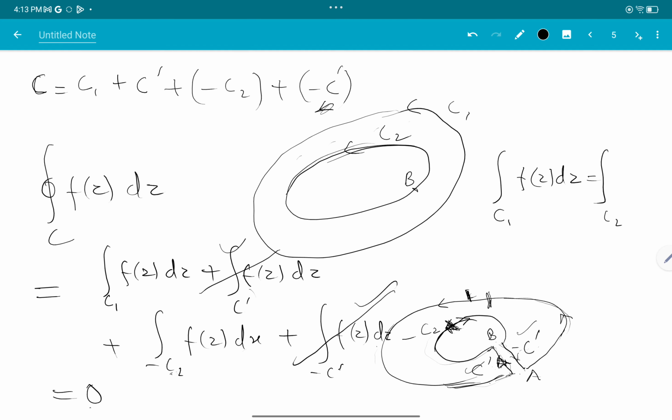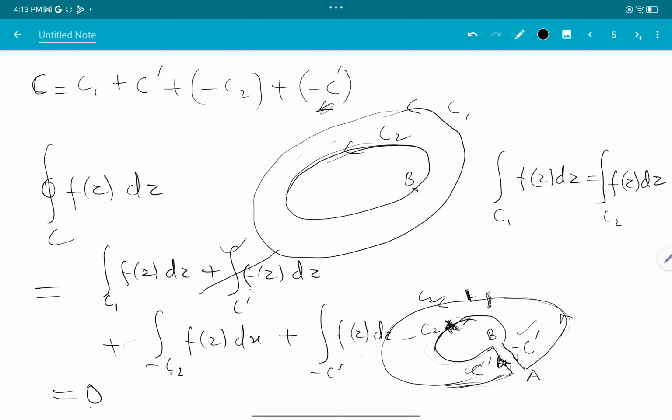The two minuses will cancel out. Once more, when you take this to this side, it becomes minus the integral over minus C2 of f(z) dz, and now reverse minus C2, make it C2, again a minus, this minus and that minus cancel, and you get the integral over C2 of f(z) dz.